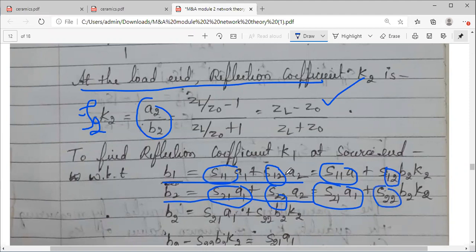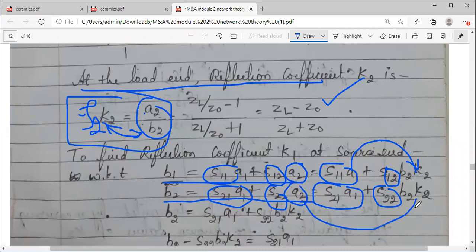What I will do, instead of A2, I will substitute B2 into K2. Instead of A2, I am substituting B2 into K2. Here also, instead of A2, B2 into K2.